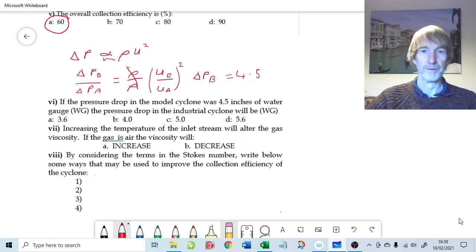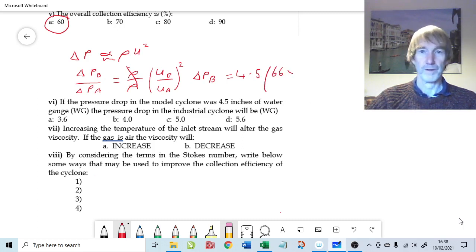You can convert that to SI by H rho G, height, depth times density, and then we need the ratio of the velocities. Well, the velocity in the industrial cyclone was 66 feet per second, I think.